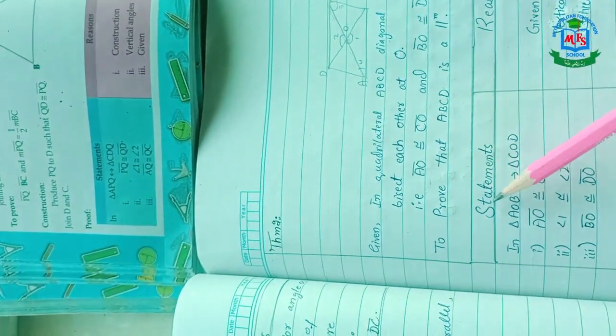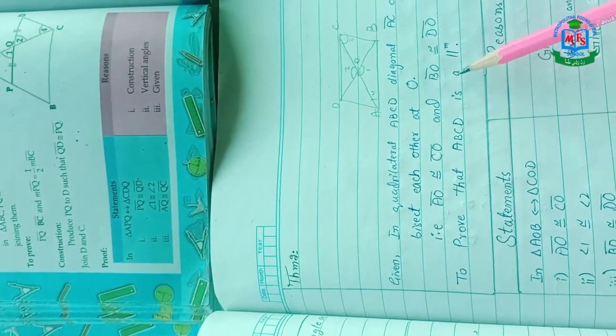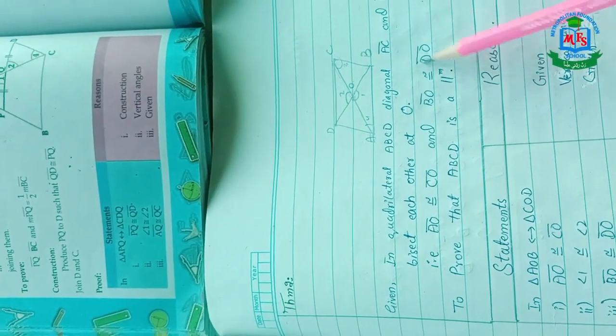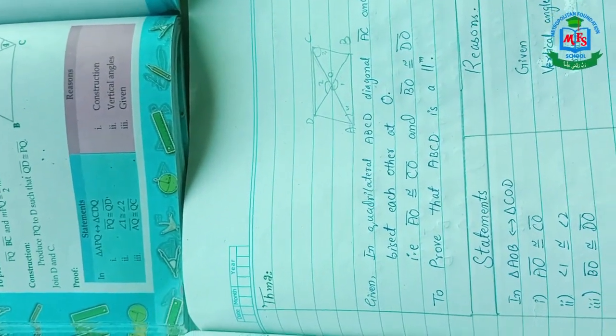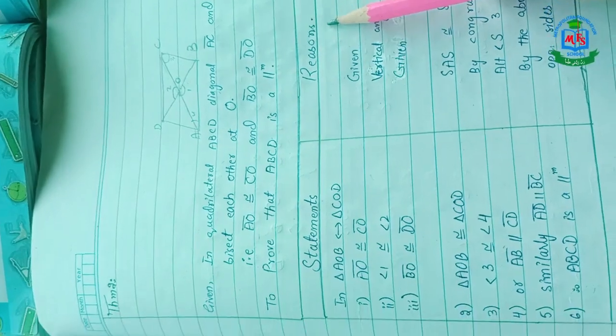So to prove that ABCD is a parallelogram, here are the statements and reasons.